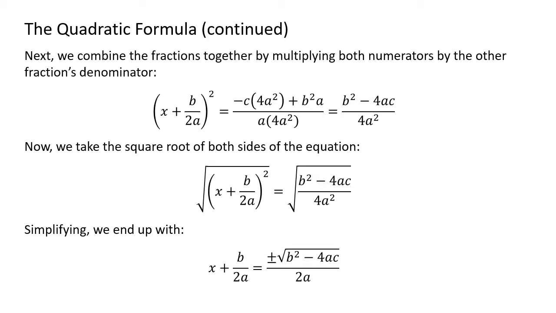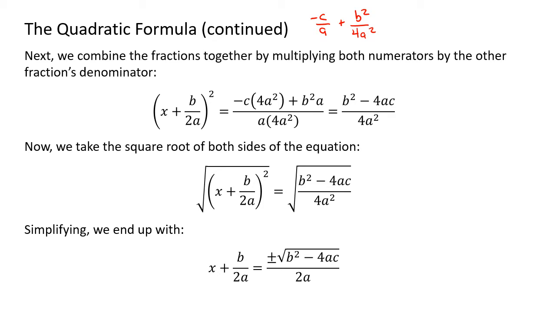So having that, what we need to do is combine these on the right-hand side into one fraction. Remember, what we had before was negative c over a plus b squared over 4a squared. Now to combine them under one fraction, we multiply each of them by the other term's denominator.